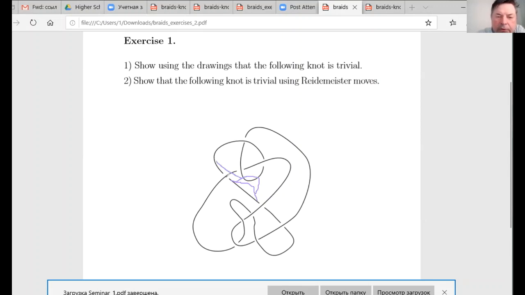Now you are also not changing anything, but look now around this point. We will have a 3 intersection, no? Yes, finally, so you need to use Reidemeister 3. And this line, you will make this one.